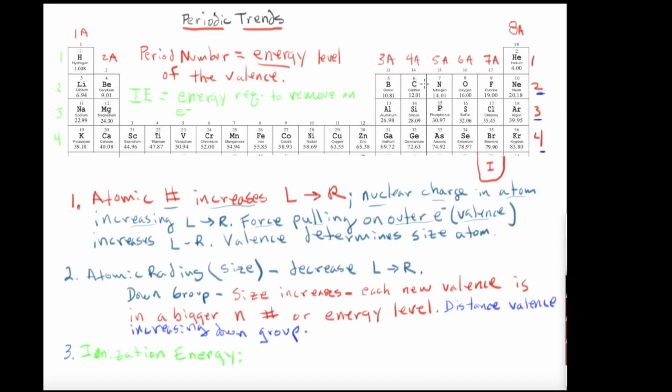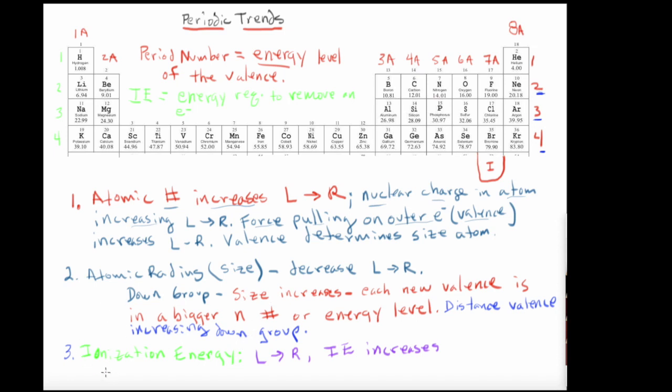So logic follows that it's going to be easier to remove an electron from an element on the left side of the table than on the right side. So going left to right, your ionization energy increases. It's harder to remove an electron from neon than it is from lithium, all right?